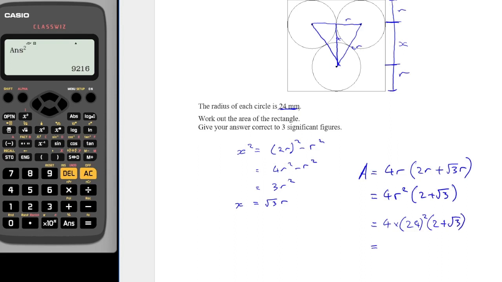So 4 times 24 squared, times 2 plus root 3. I don't need a cube root, root 3.